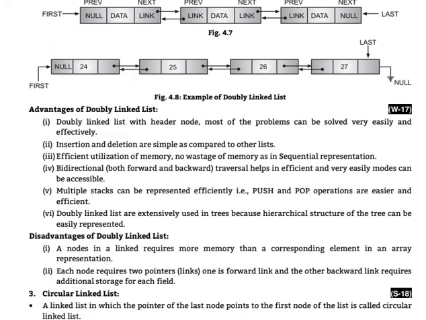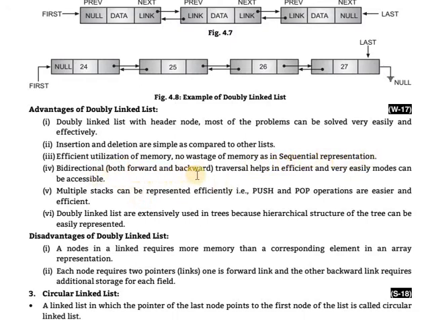Now the advantages and disadvantages. Advantages of a doubly linked list: most problems can be solved very easily and efficiently. Insertion and deletion are simple compared to other lists because it can move both ways. There is efficient utilization of memory, with no wastage as in a sequential representation.